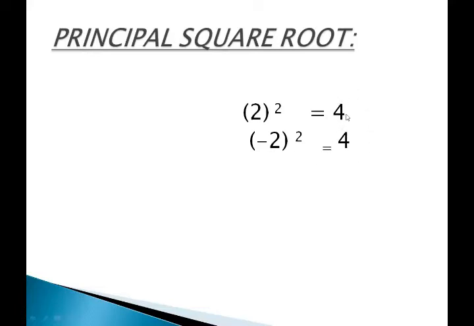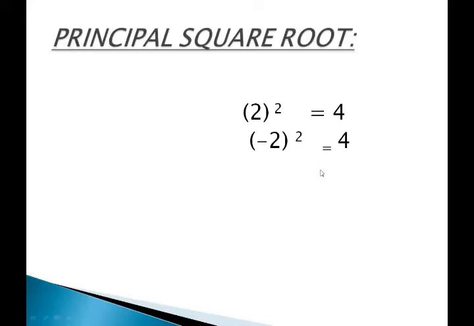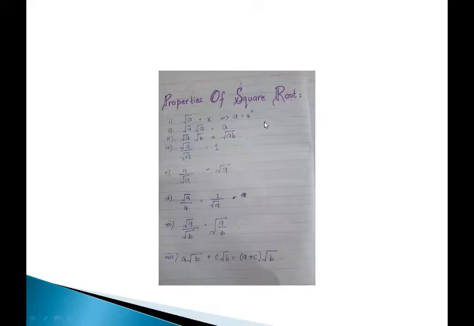So this 4 is positive. Whether we square a positive number or a negative number, in each case we get the positive 4. So this is called the principal square root, because it is positive in either case. Now moving forward, there are some properties of the square root.